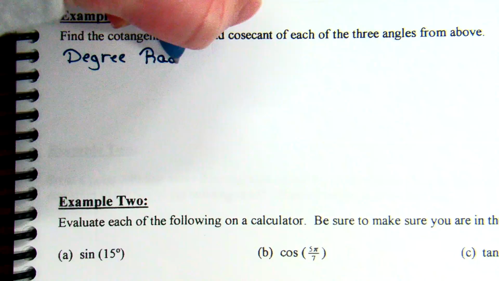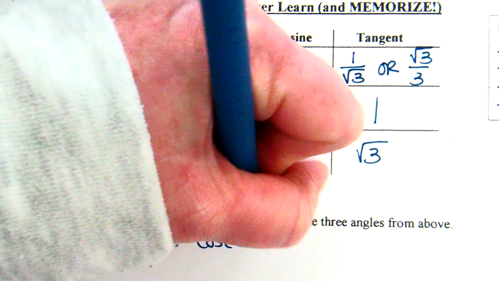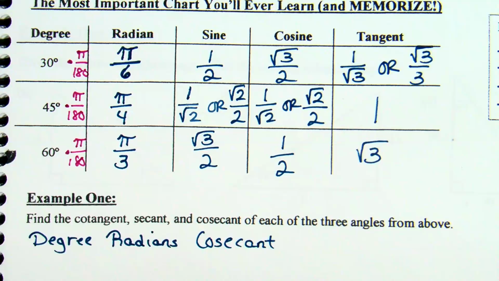And then, up above, sine was first. What is the reciprocal of sine? Cosecant. So I'm going to have cosecant as my next piece in my chart. Then it was cosine. What's the reciprocal of cosine? Secant. And then lastly was tangent. What's the reciprocal of tangent? Cotangent.